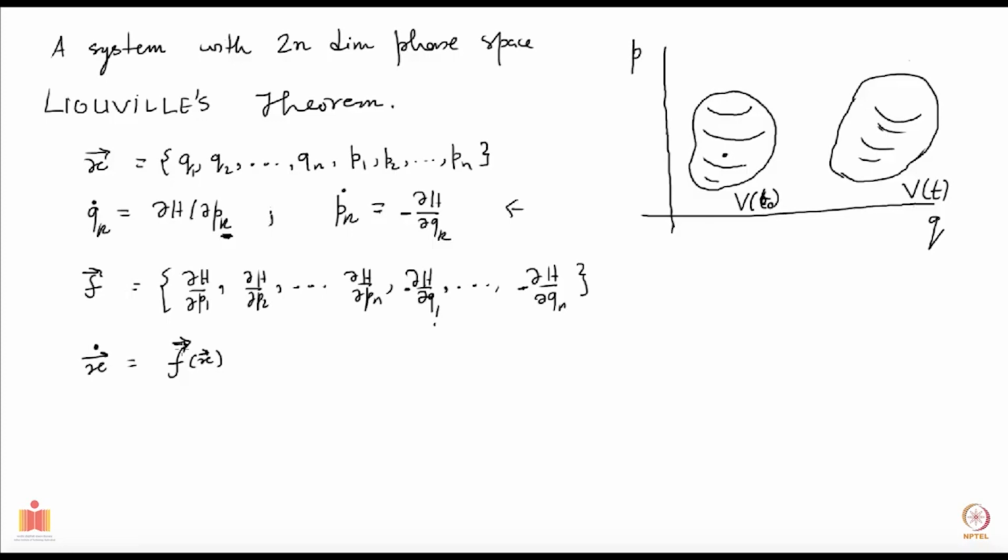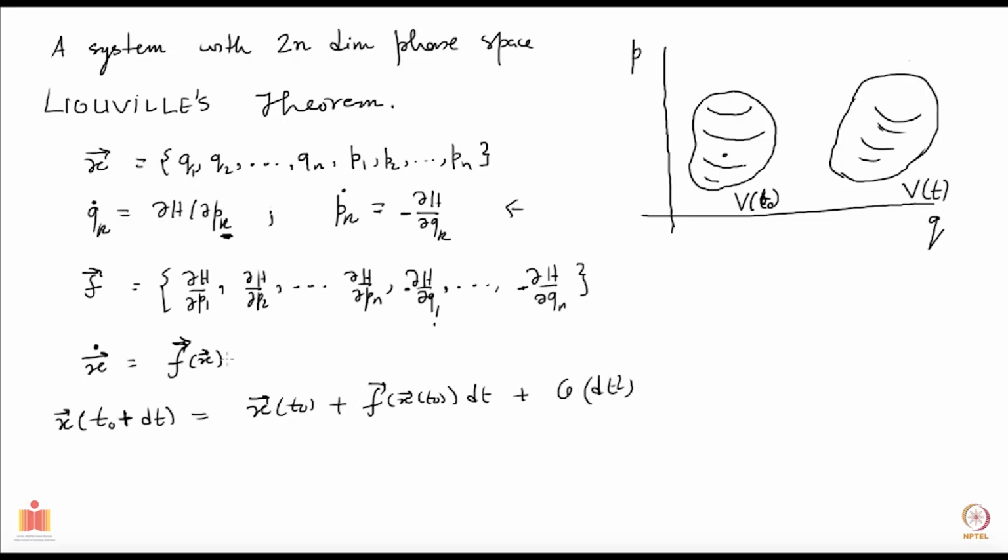So these are 2n first order differential equations in time. Okay, and then I can write x at time t naught plus dt. So I'm starting with time t naught and I look at what happens after a small interval of time dt. You can write this as x of t naught plus f of x at t naught times that small time interval dt, and then you will have all the higher order corrections.